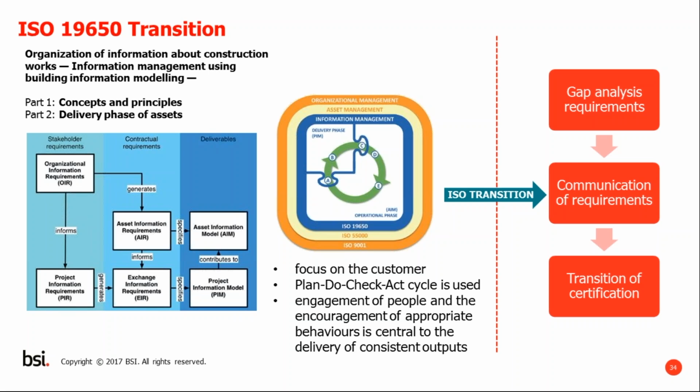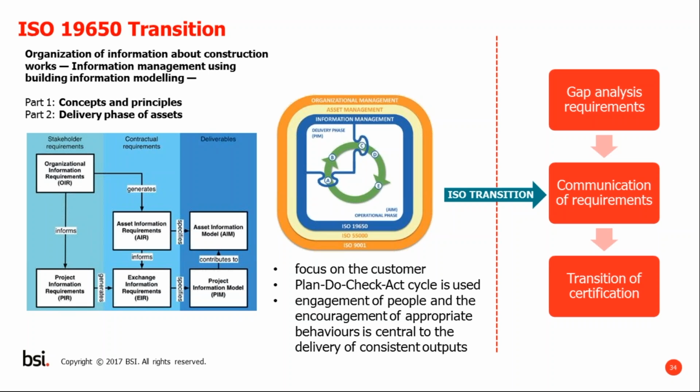When the ISO transition happens, there are essentially three key activities from our point of view. BSI will conduct a gap analysis of the differences between the 1192 standards and the ISO. We will then communicate any additional requirements or differences between the two to all of our client bases, and then there'll be a transition for certification.